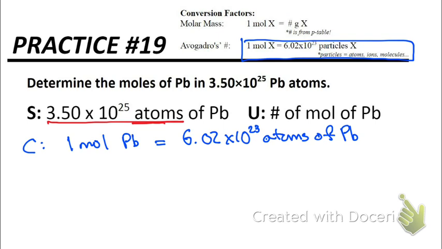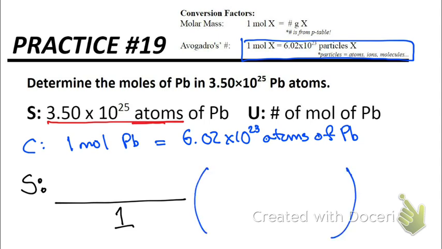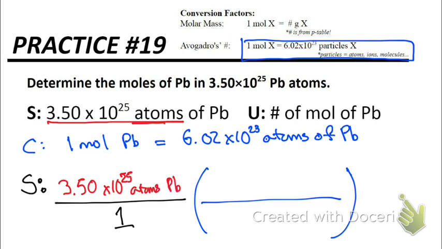So now we're going to go ahead and set up and solve. Remember, we always start the same way. We are starting with what we know over 1, so that's 3.50 times 10 to the 25th atoms of lead.